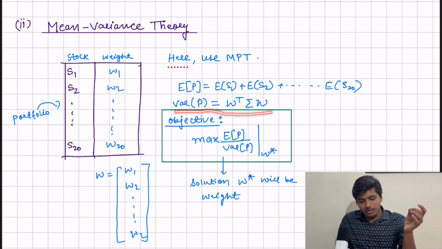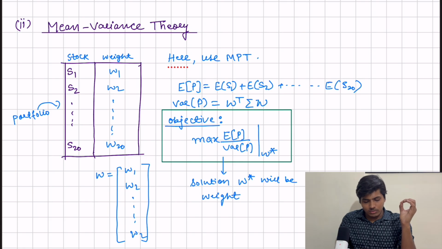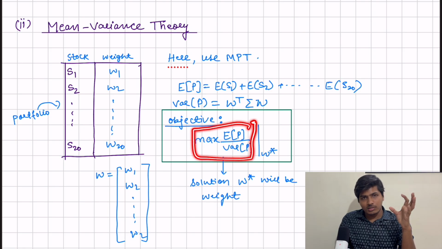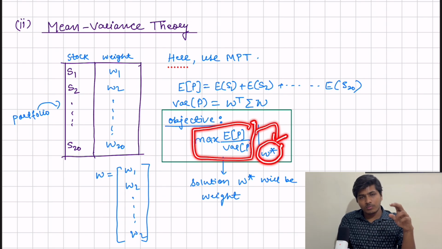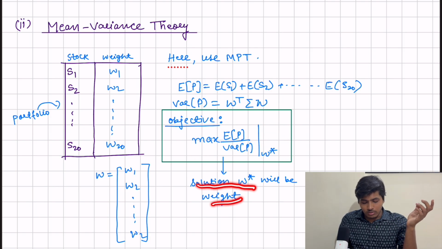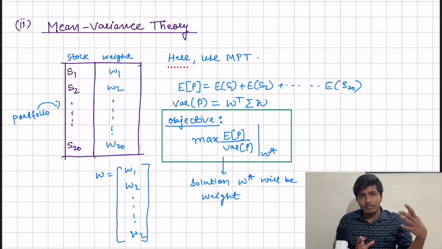Similarly, you will also calculate the variance of the portfolio, which is equal to W transpose times covariance times W, and the objective is to maximize the Sharpe ratio, which is the expected value divided by the variance of the portfolio. The point at which the Sharpe ratio is maximum, the corresponding weight will be the optimal weight with the highest Sharpe ratio, and that W star will be our solution. This is the second way through which you can build a portfolio.